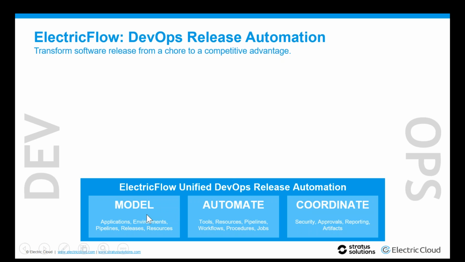It allows you to model, automate, and coordinate that end-to-end life cycle, the modeling aspect for your applications and environments. All these things allow you to abstract out any given dependencies on individual environments or other applications or tiers.